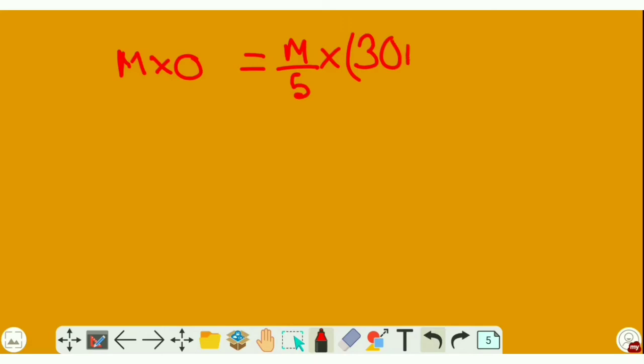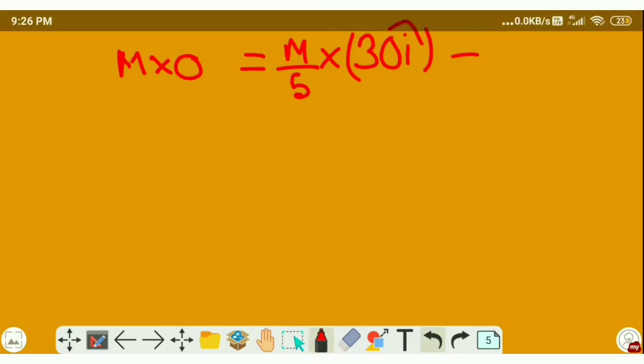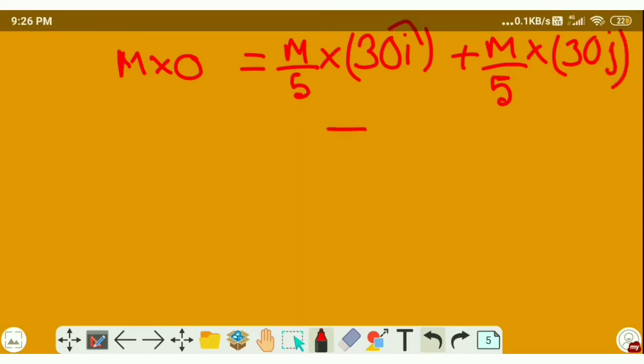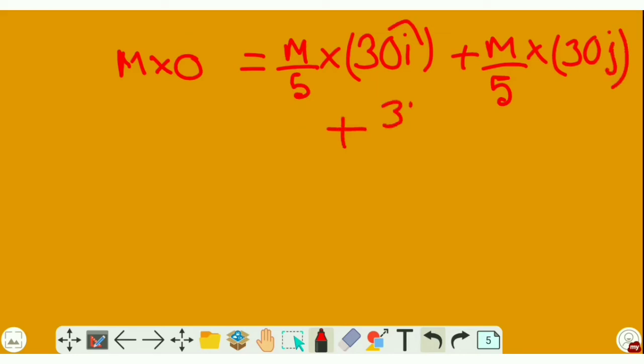So capital M into 0, as its velocity was 0, equals M by 5 into 30 i cap, this is for after the explosion, plus M by 5 into 30 j cap, plus 3M by 5 into its velocity, which I don't know, let's say v vector.